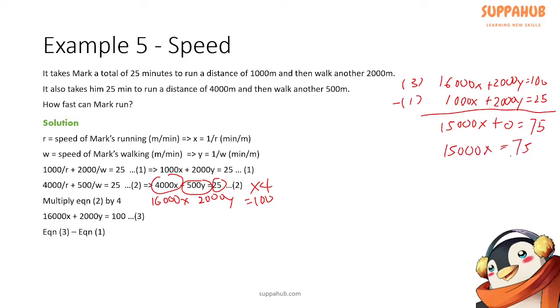Correct? Then you have x equals 75 divided by 15,000, but this is minutes per meter, remember? So you want to get speed, so it's just the inverse.